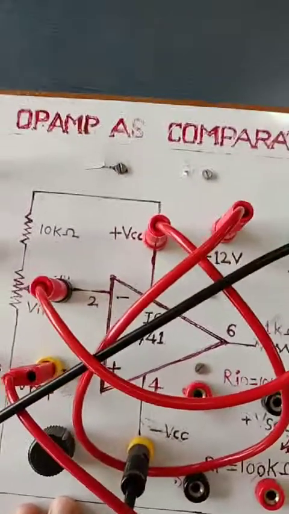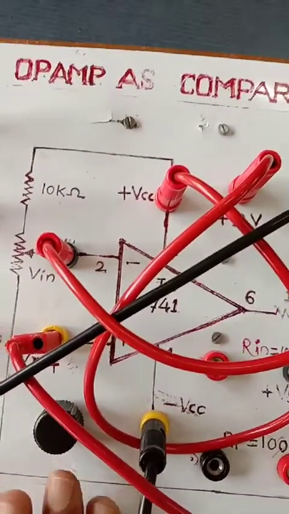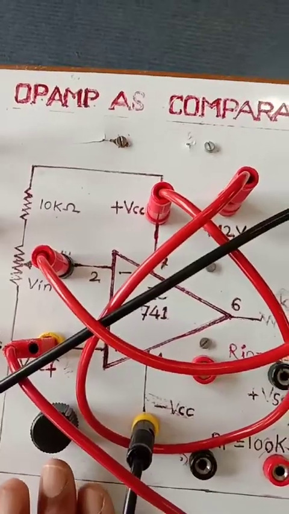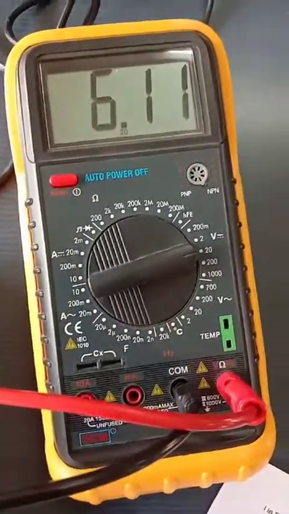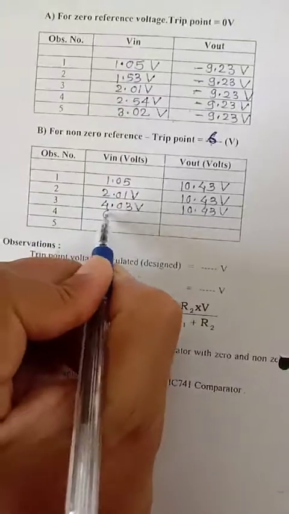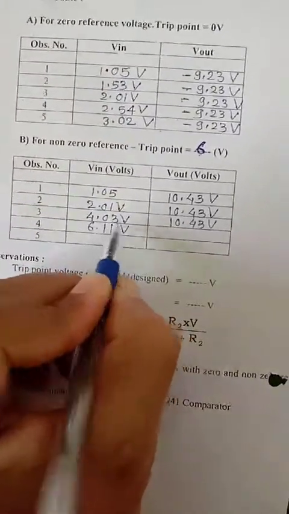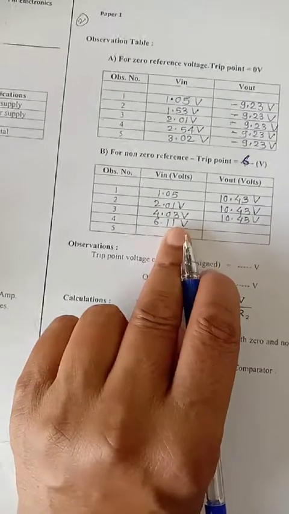Now the input voltage is slightly greater than the reference voltage, because it is 6.11 volt.